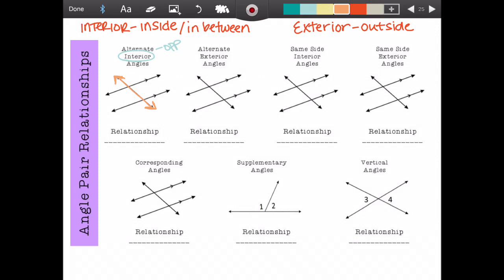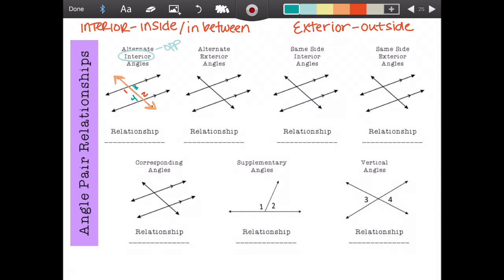For example, angle 1 here and angle 2 here are alternate interior angles. They're both in between the parallel lines, but on opposite sides of the transversal. Another set would be angle 3 and angle 4, again both in between the parallel lines, but on opposite sides of the transversal.